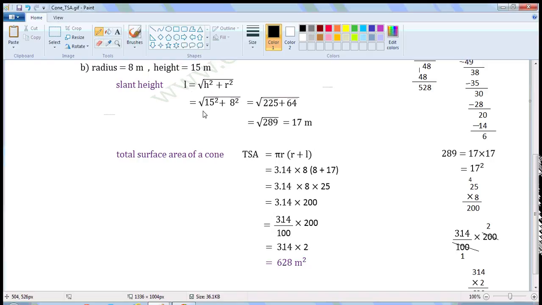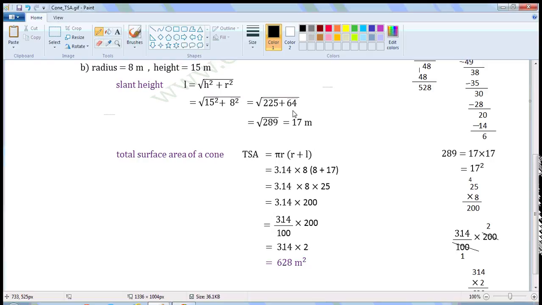That is equal to root of 15 square plus 8 square. 15 square means 15 into 15, 225, and 8 square means 8 into 8, 64. So we can write this as square root of 225 plus 64.